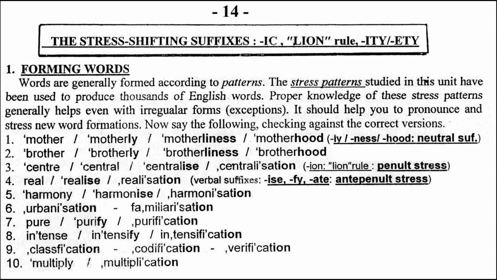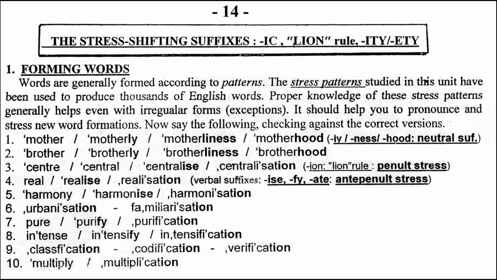How are we going to have it? It's not automatic because they are not 2, they are 4, so we need to use the derivation rule. We derive from the root. What is the nearest root? The nearest root is familiar. So mi becomes a secondary stress in this word, so we say familiarization. So the secondary is on mi.